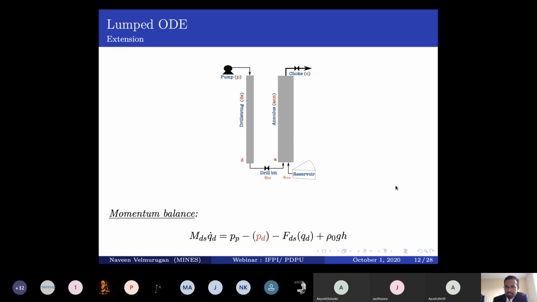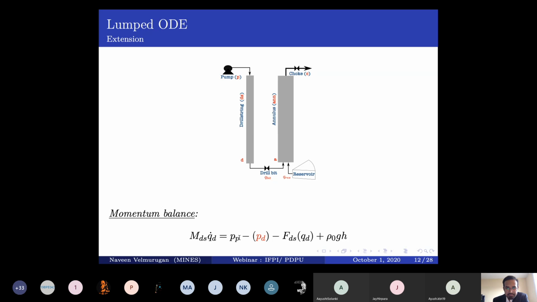Now, to include the dynamics from the reservoir, you have to be careful in the momentum balance equation. We write the momentum balance equation only for the drill string side. So now the fluid flow is a function of QD, that is at the bottom of the drill string. If you remember the momentum balance equation, it is a difference between the pressure at the inlet and outlet.